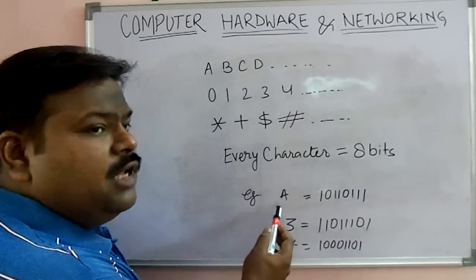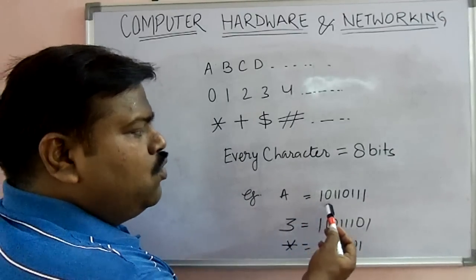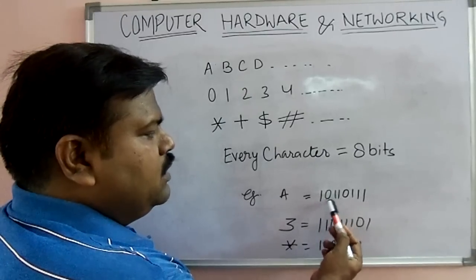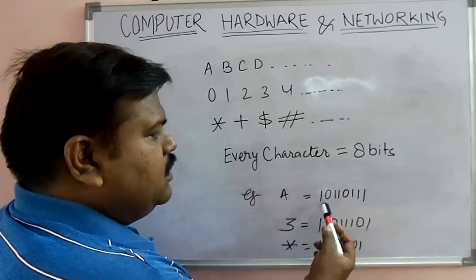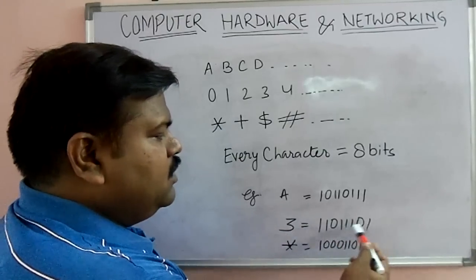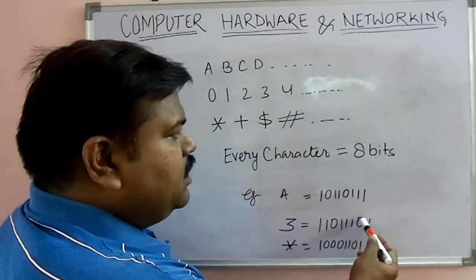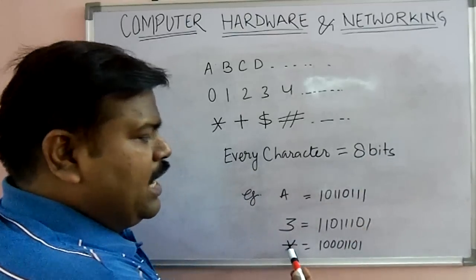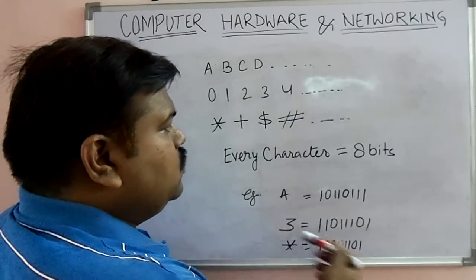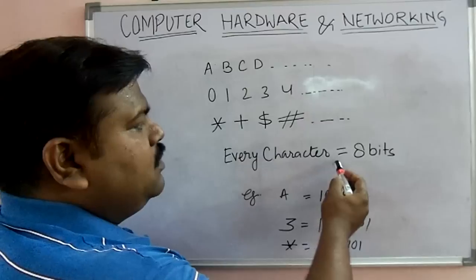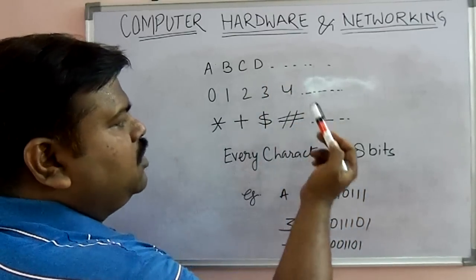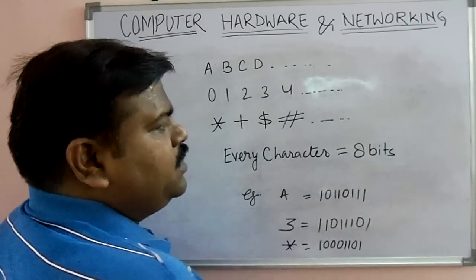For example, if we type A, it will go like this: 1, 0, 1, 1, and so on, 1 to 8. These are 8 bits. Likewise, if we type any number, it will also be converted into bits. How many bits? 8 bits. Likewise, if we type any symbol, it is also converted into bits. So every character, be it alphabet, number or symbol, is equal to 8 bits.